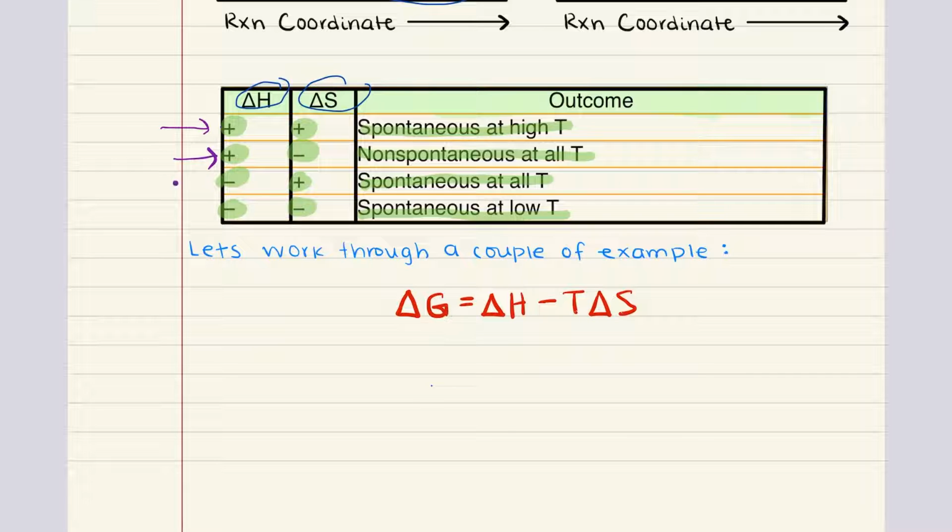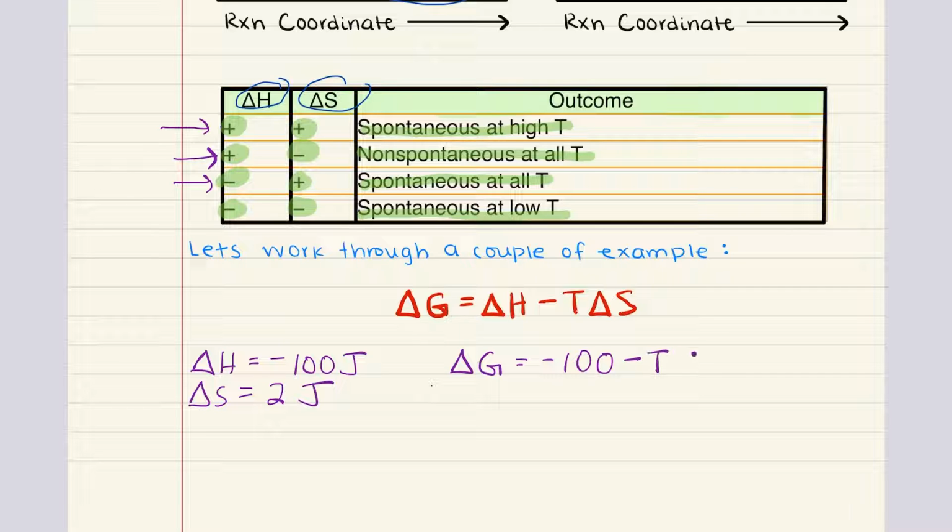In our third scenario, we're going to consider that delta H is negative and delta S is positive. We're going to assign delta H a value of negative 100 joules, and we're going to assign delta S a value of 2 joules. Let's plug this into our equation. Delta G is equal to negative 100 minus T multiplied by 2.